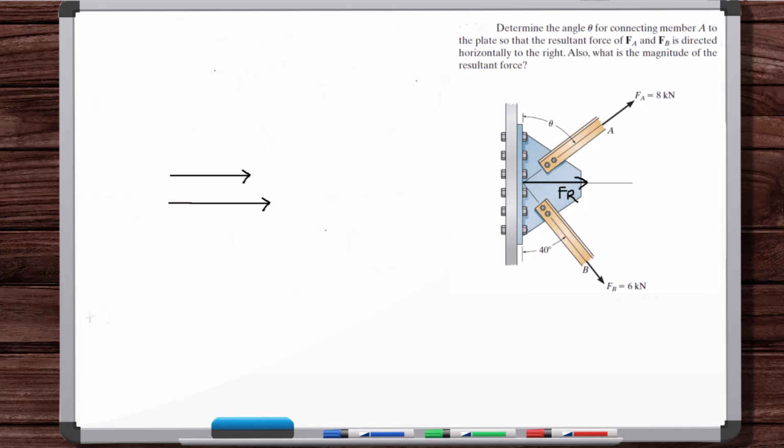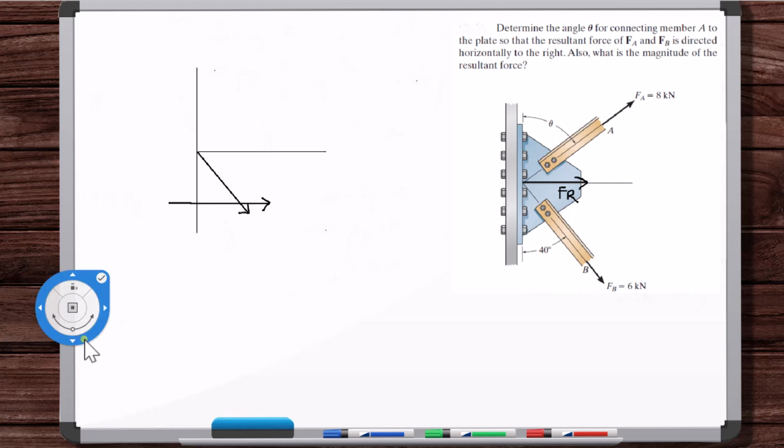All right. Let's draw the coordinate axes here. So FB, let's put this at 40 degrees. There's FB.